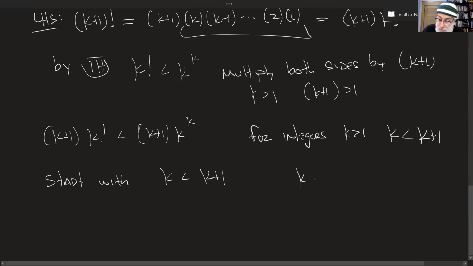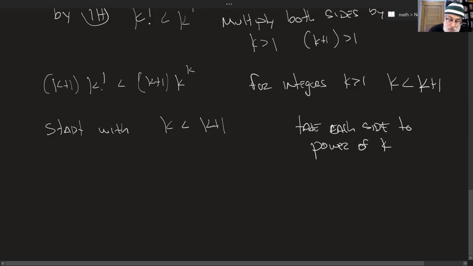Now k, again, is positive. I can multiply or take each side to that power. So I'm going to take each side to the power of k. I'm building inequalities. So k raised to k is less than k plus 1 raised to k. Now, k plus 1 is positive.